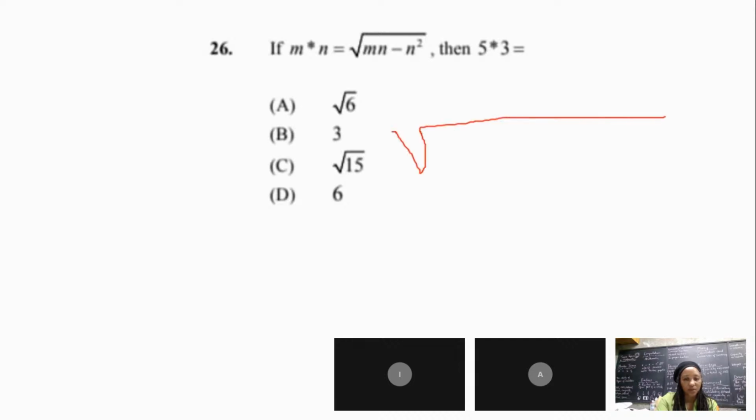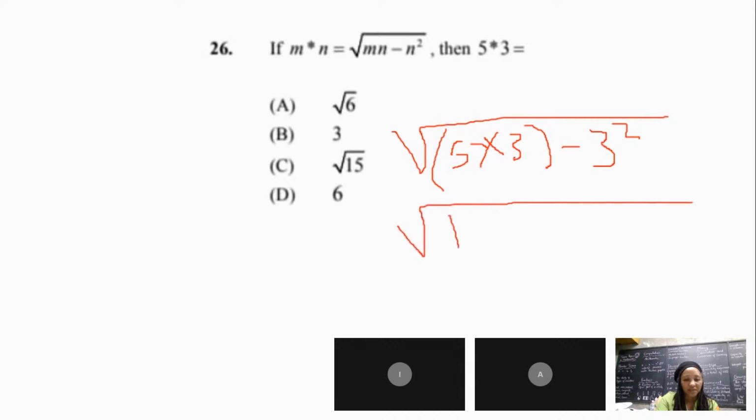So that's the square root of 5 times 3 minus n, which is 3 squared. All right, so that gives 5 3s, 15 minus 9, which is 6. So it's the square root of 6.